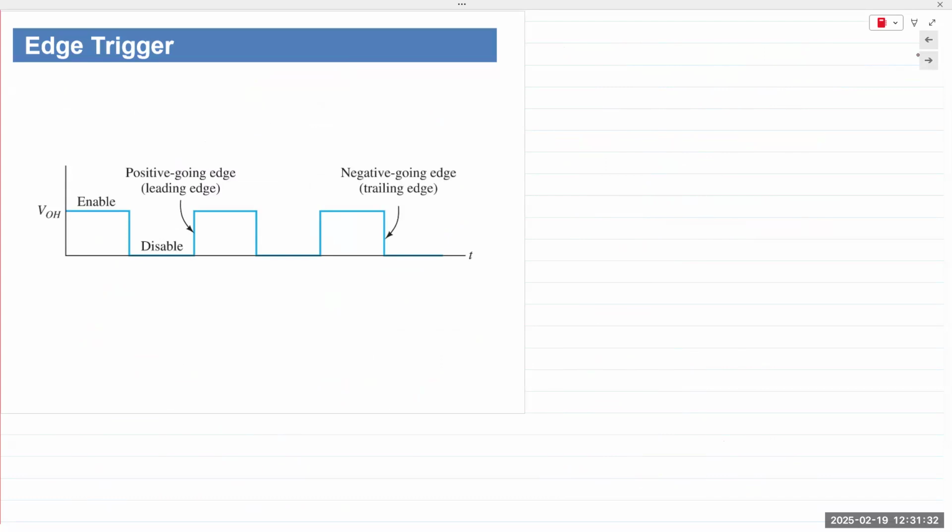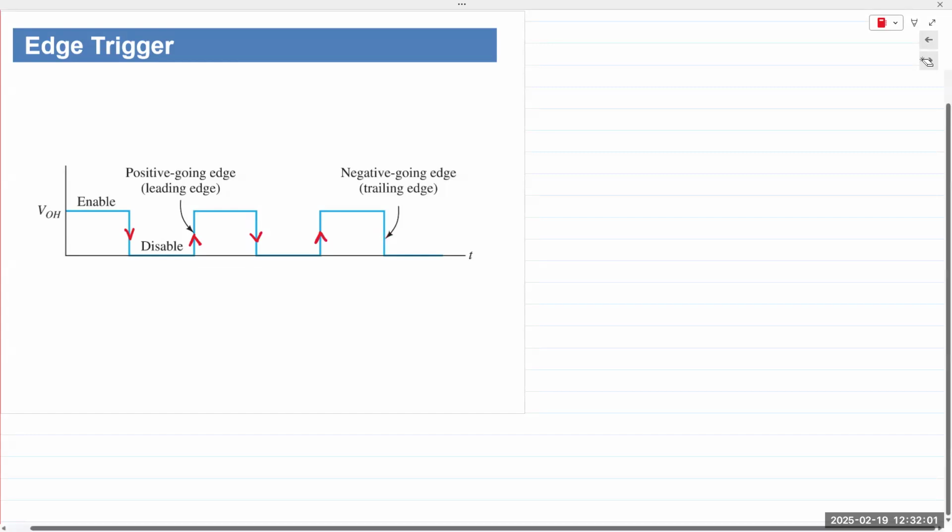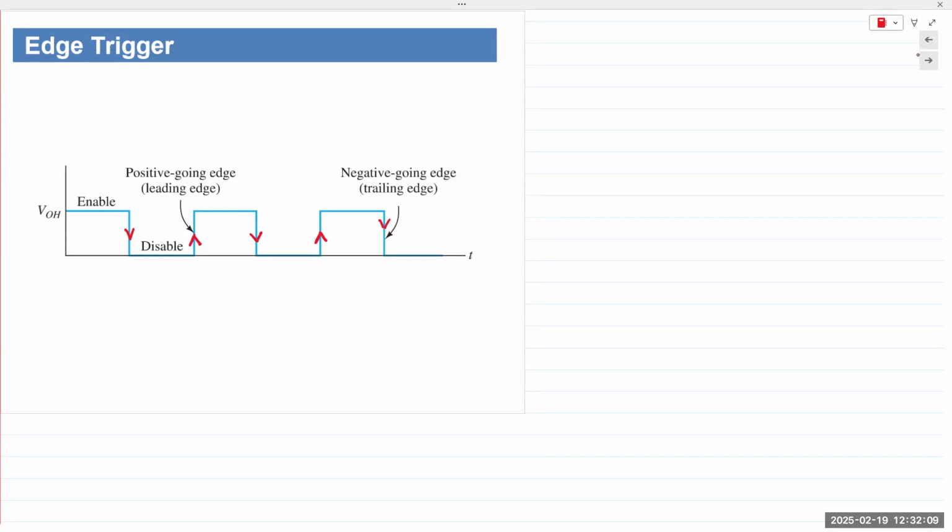The rising edge corresponds to when the signal goes from a lower value to a higher value, and the falling edge corresponds to where it goes from a higher value and falls to a lower value. So this is when the value is going up. This is when the value is going down, right? It's basically the edge of the waveform, hence rising edge and falling edge.